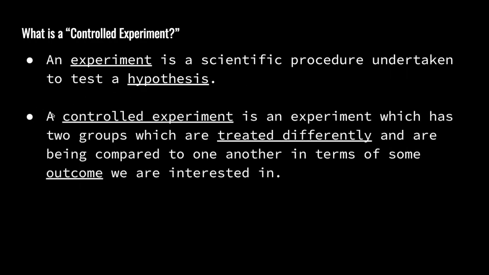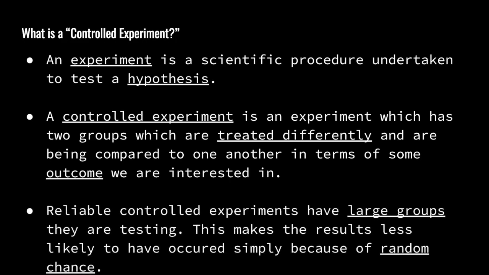A controlled experiment, more specifically, is an experiment which has 2 groups being treated differently, and then they're compared at the end. In our Do Now, we had one plant that had fertilizer and one that didn't. So one's getting something, one is not getting that fertilizer, and then they are compared to one another in terms of some outcome. With our plant, the outcome could have been which one grows taller.